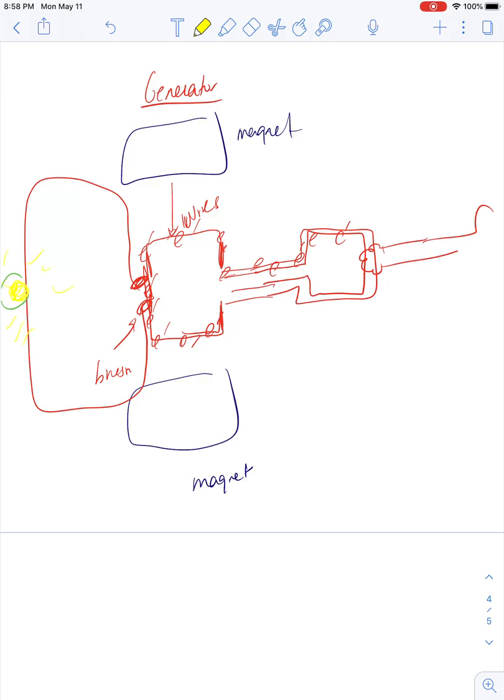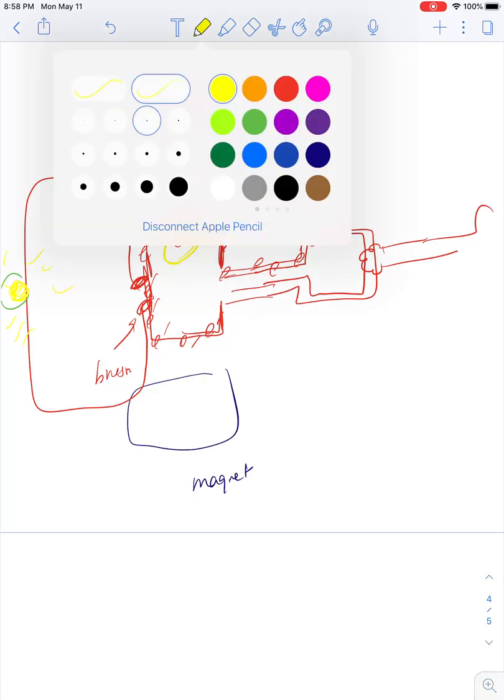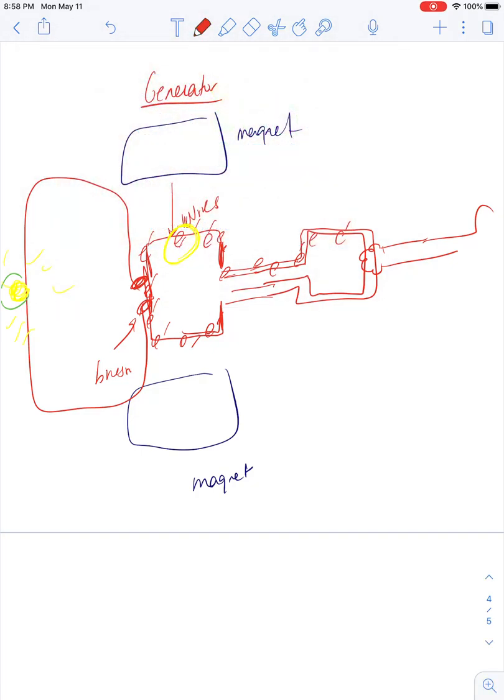Okay, so the light bulb would turn on as long as you keep cranking that wheel, and as long as those electrons are moving. Remember, a moving electron, like this electron moving through this, generates magnetism, because that's what moving electrons do, and they interact with the magnetic field of the magnets on either end of it.